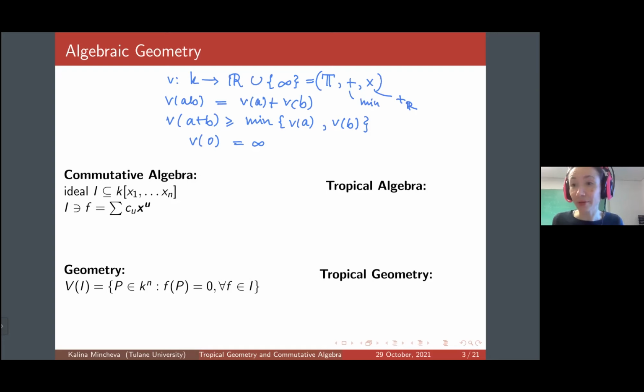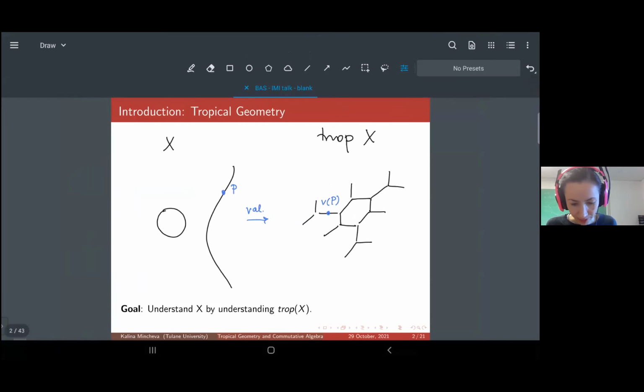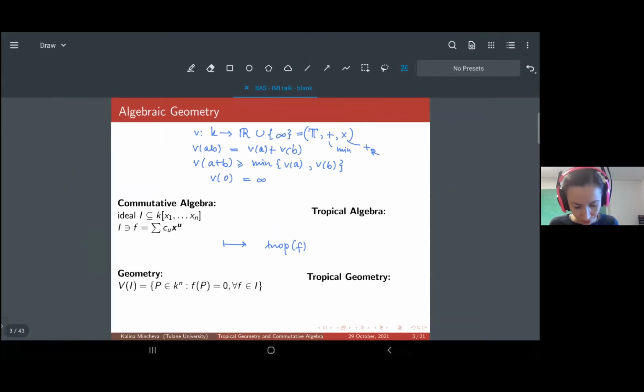So what happens to the algebra? I'm interested in understanding the underlying algebra here. If I can do something to the points, I can do something to the polynomials as well. So what is a tropical polynomial now? It's going to live in a polynomial semiring with coefficients in this new set that I just defined.